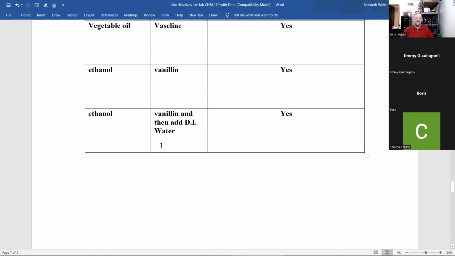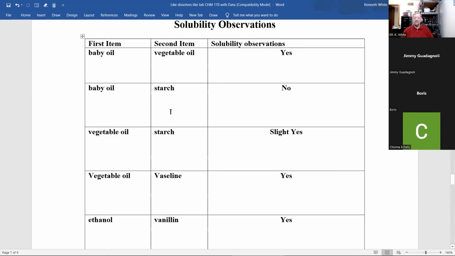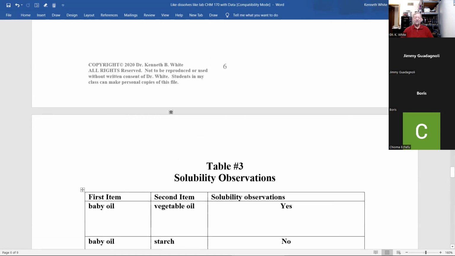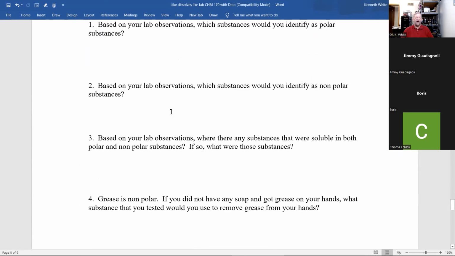Ethanol, vanillin, ethanol, vanillin, then add some DI water. These last 2, if you have any vanilla extract, look at the label and you'll understand why I did that. And now you have the data on these tables 1, 2, and 3 to help you answer these questions.